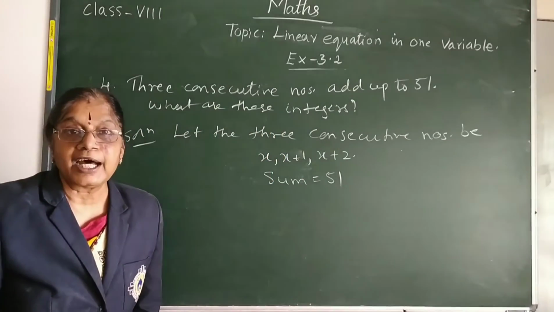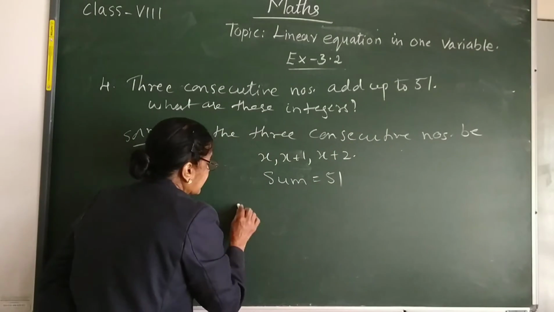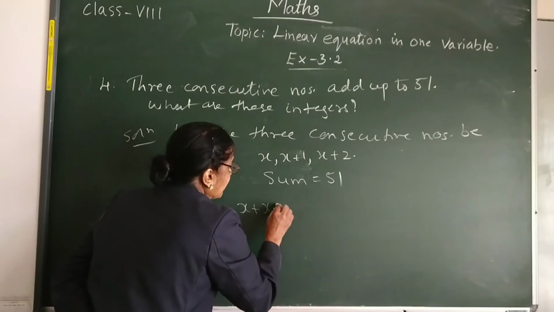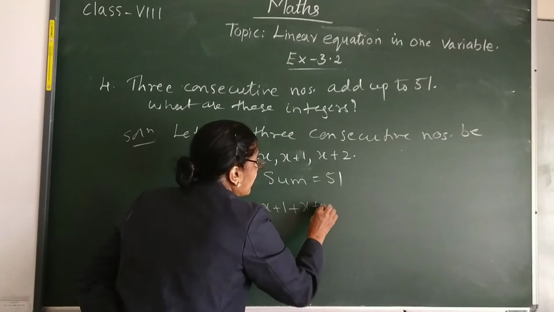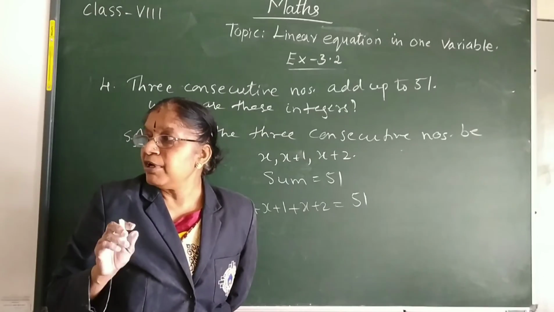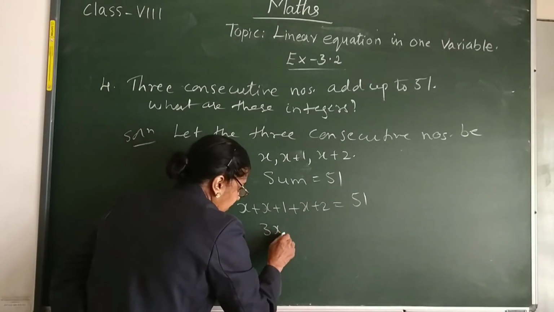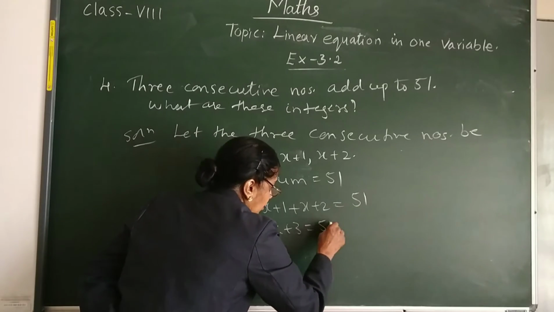Find what the numbers are. So let us see what the sum of this is. x plus x plus 1 plus x plus 2 is equal to 51. x plus x plus x is 3x, plus 3 is equal to 51.